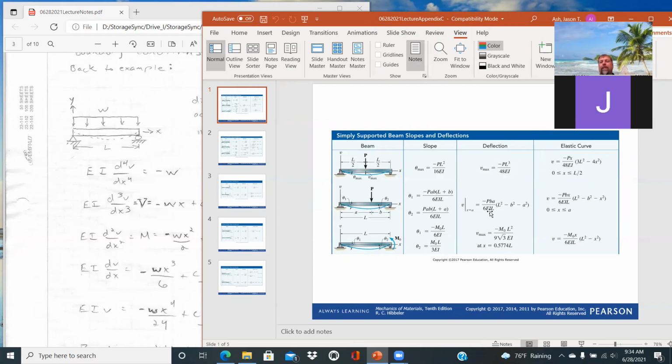How would you go about figuring out what the maximum deflection is? Wouldn't we need to find the spot under where the point load is on the beam? Right.